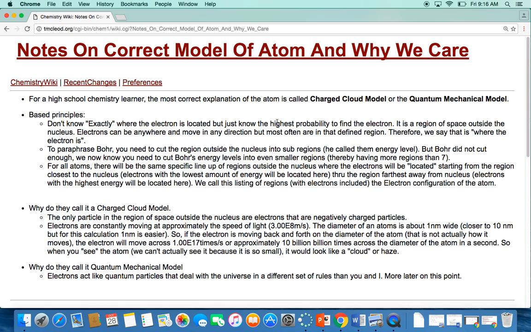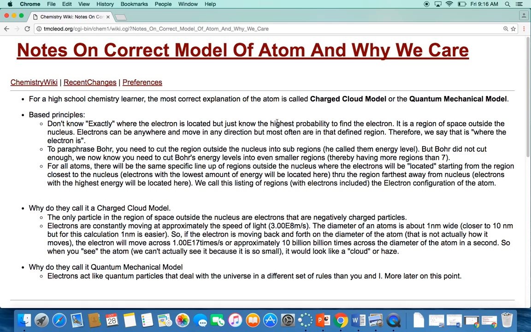It's called the charge cloud model because, first of all, we don't know exactly where the electrons are located at any specific time. They're in a region outside the nucleus, and they're in energy levels, but where they are in those energy levels, we're not quite sure. Nor will we ever know, nor will we ever care.